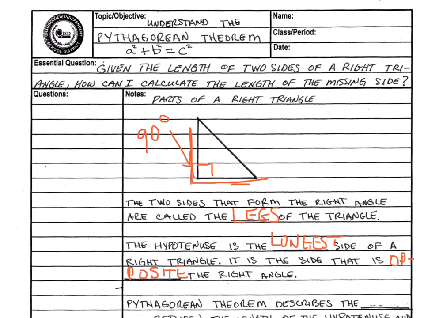So therefore, this side right here is the hypotenuse. Notice it's opposite from where the right angle is. So there's two ways that you can identify the hypotenuse. It's the longest side, and also it's the side that's opposite the right angle.